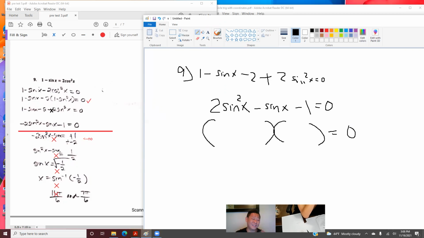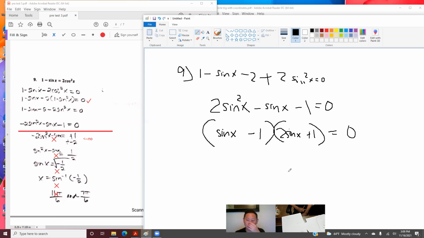The minus is very minor. The major part is down here. Do you know what's the factor for this? Sine x, and then 2 sine x, then negative 1 and 1. Is that right?